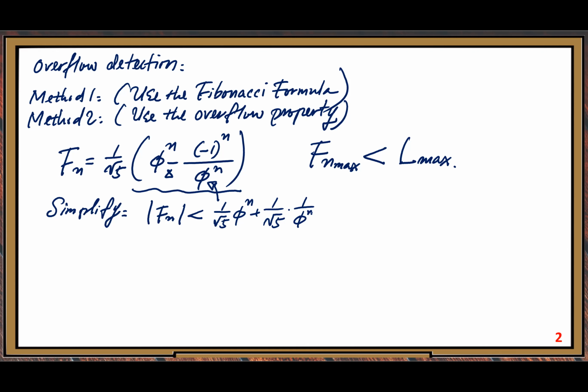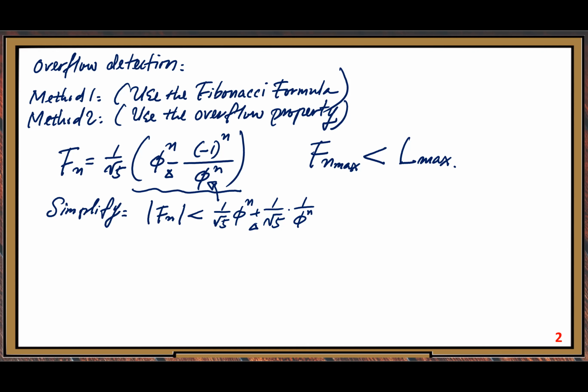I make the Fibonacci number expression a little larger, right? I make the second term a plus sign all the time. I never consider the negative case. So I make an upper bound for the Fibonacci number.